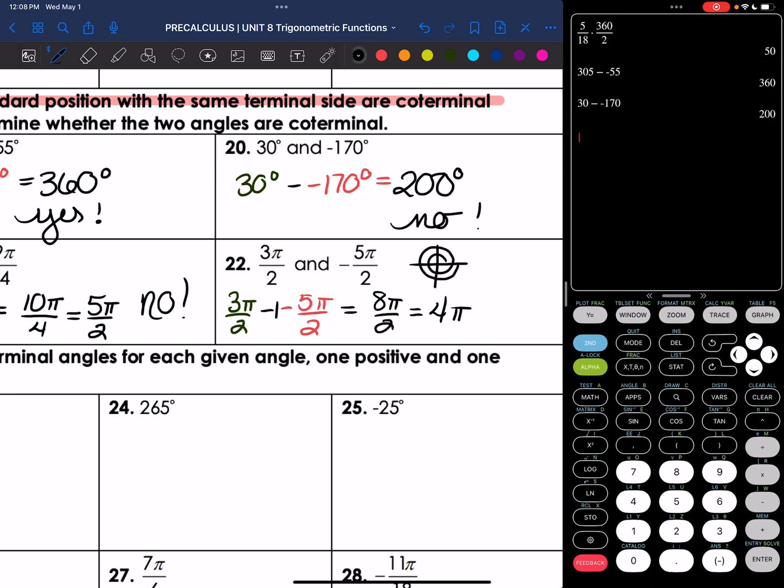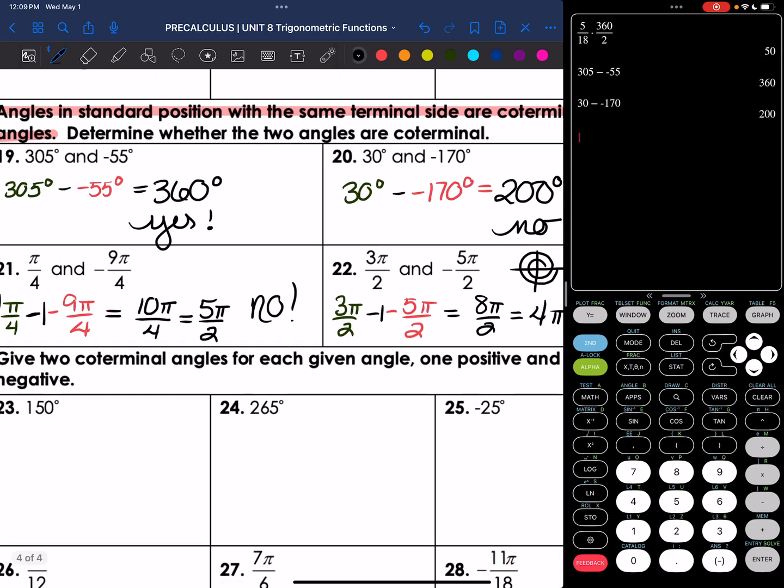So if you're taking those two values, the 3 pi over 2 and the negative 5 pi over 2, when you take their difference, it actually is a full rotation. It's just that you've rotated 2 times around when you put them together. So this is yes. It's a full double rotation.